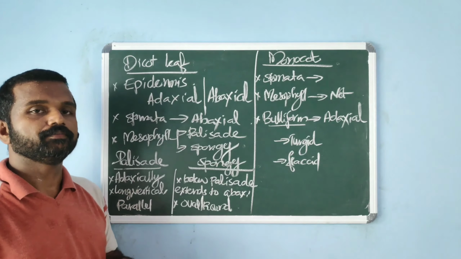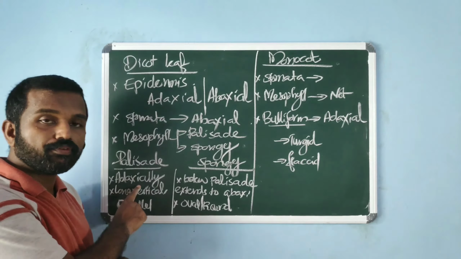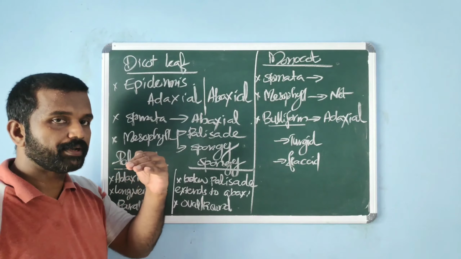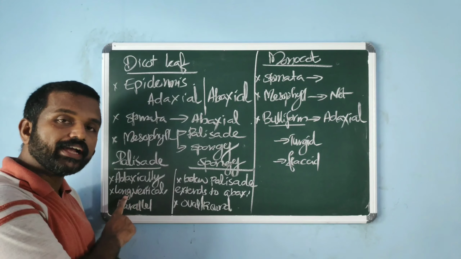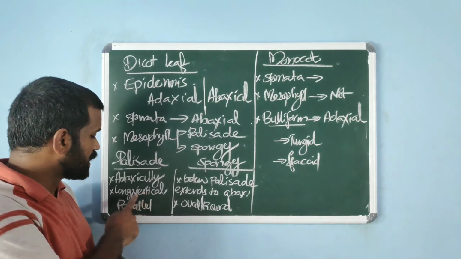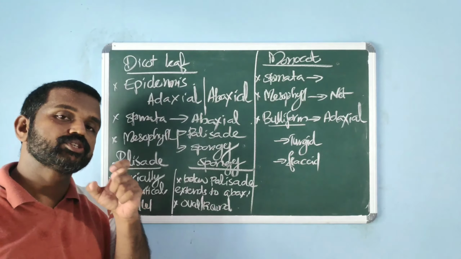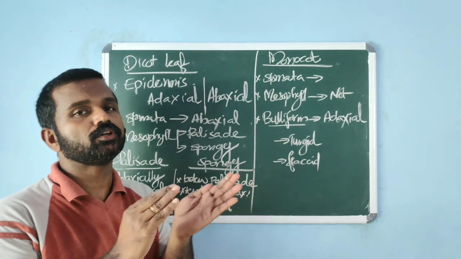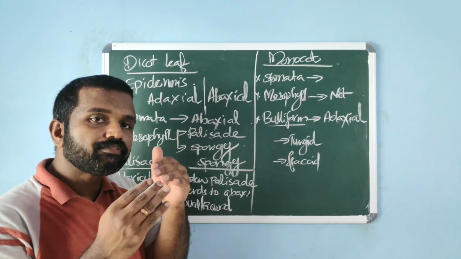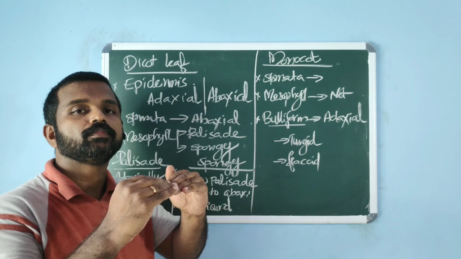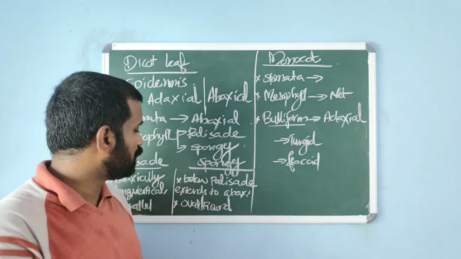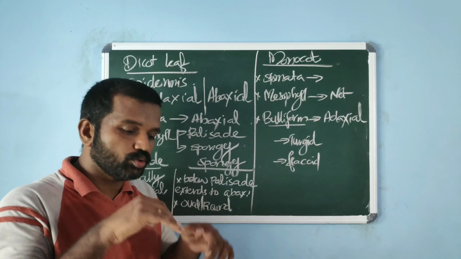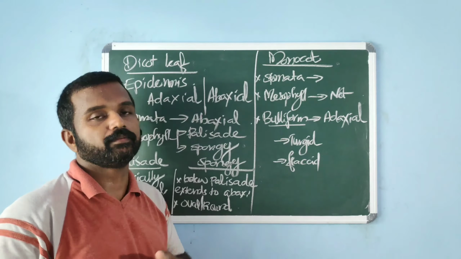Palisade parenchyma cells are adaxially placed, below the upper epidermis. They are elongated, vertical cells arranged parallel to each other. Then the spongy parenchyma, either round or oval in shape, is situated below the palisade parenchyma and extends to the abaxial epidermis, that is, the lower epidermis.